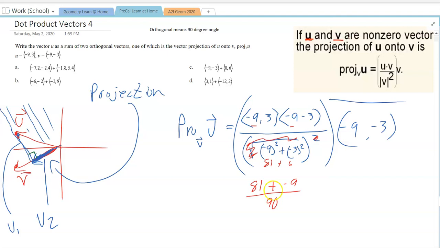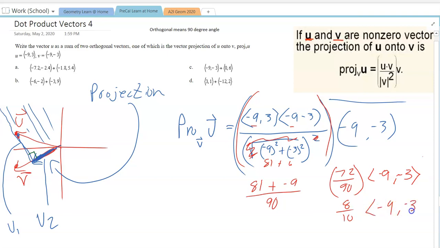So from all of this here, I get 72 over 90, or divided by 9, that's 8/10. So 4/5 or 0.8, doesn't matter, times negative 9, negative 3.